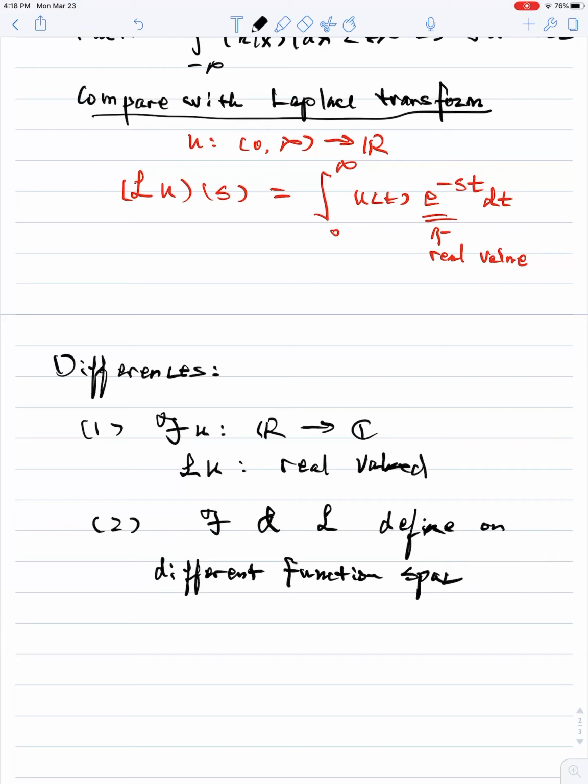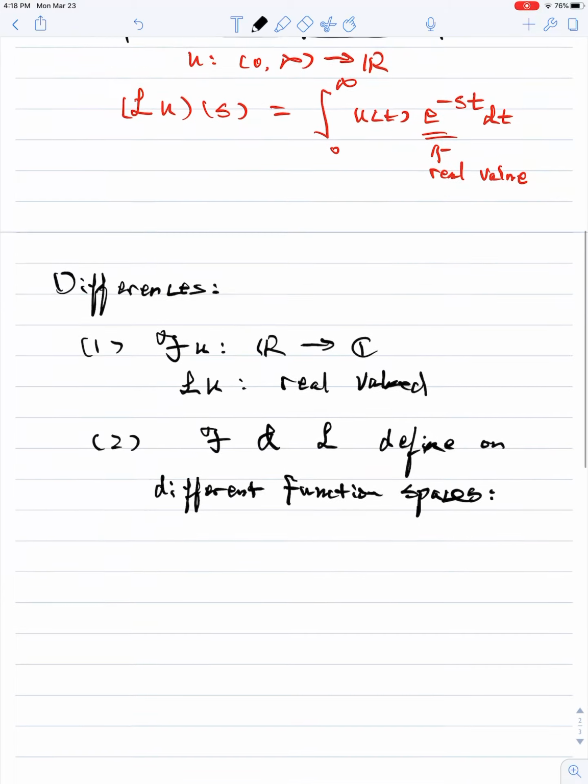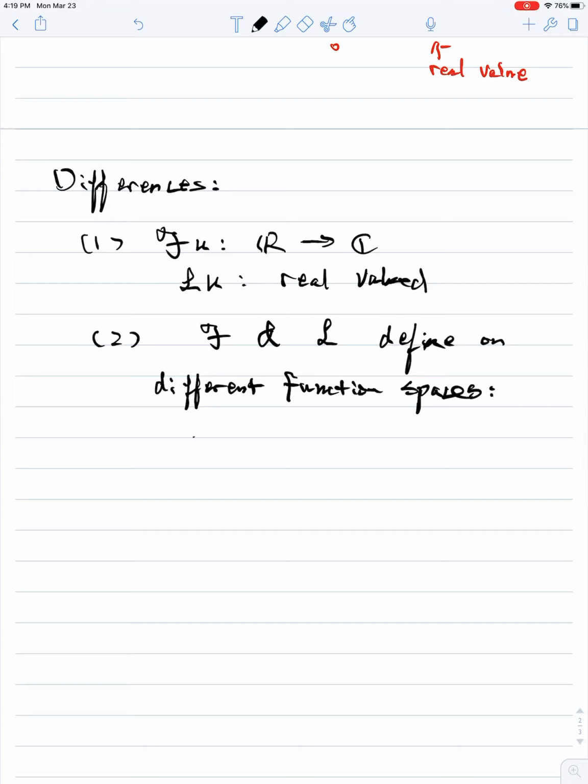For example, the Fourier transform is defined on a function u that must be defined from negative infinity to positive infinity. It could be real value or complex value, but in this class we always assume it's real value. But the Laplace operator applies to a u that needs only to be defined on the positive real axis.